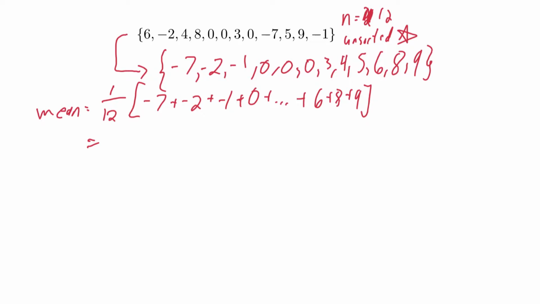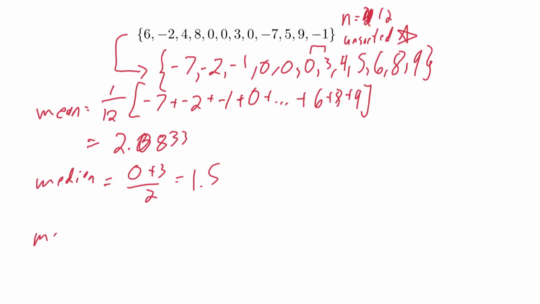So this is equal to 2.0833. The median is the middle number, which in this case is in between these two. So it's the average of 0 and 3, so 1.5. The mode is the most common number, which is 0.